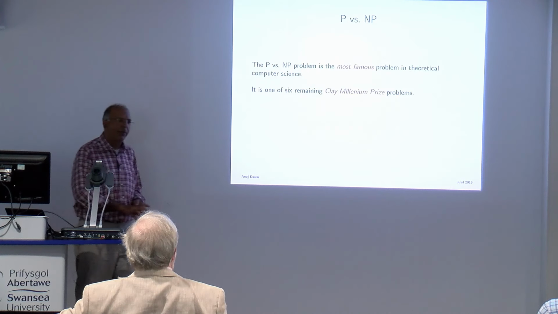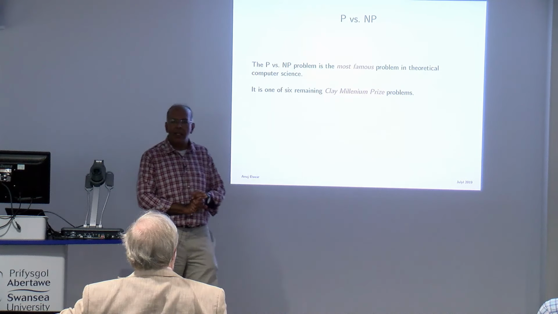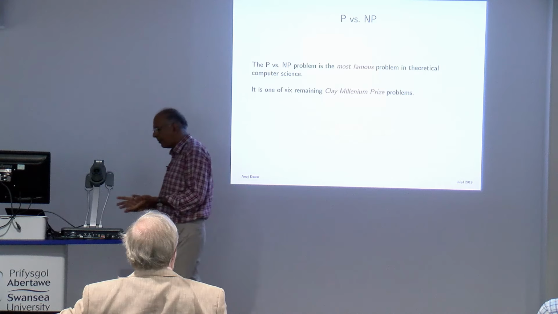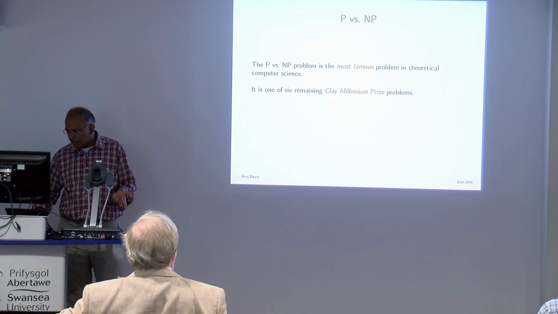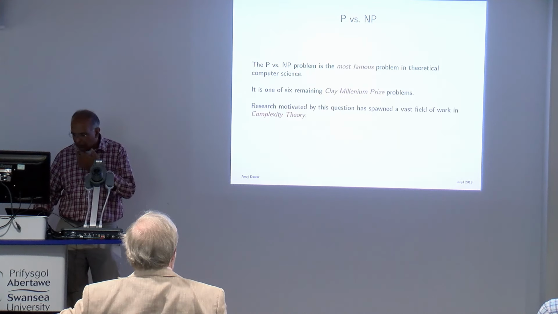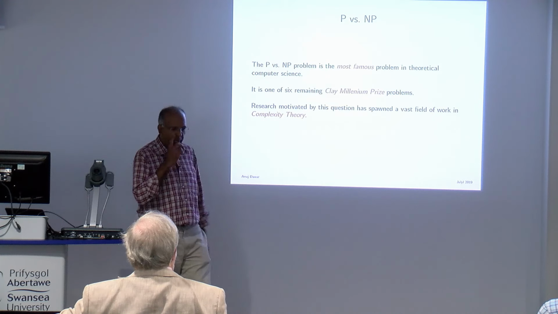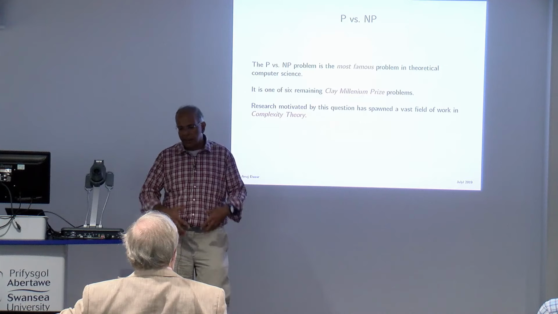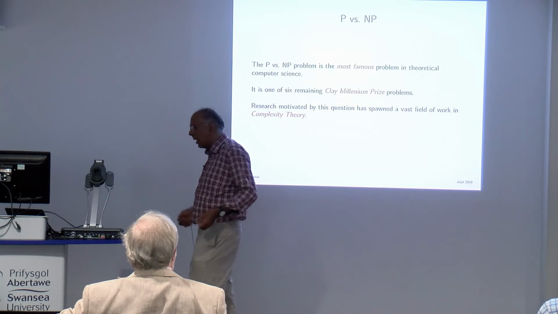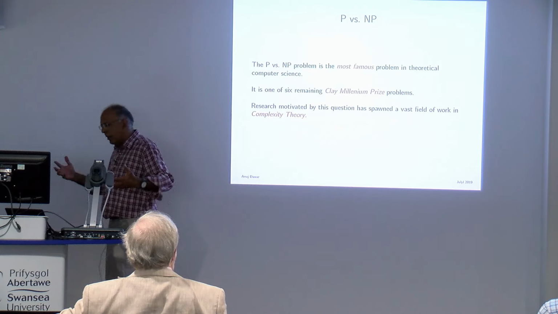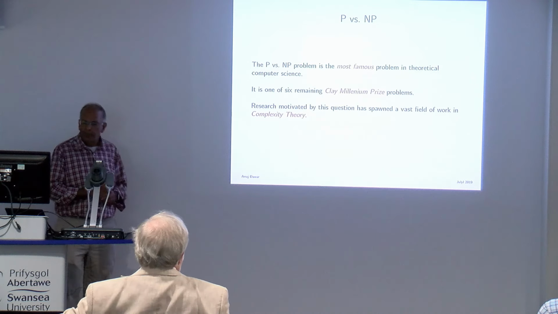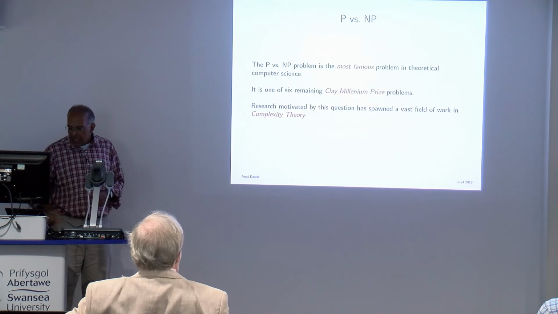It's one of 6 remaining Clay Millennium problems, and one that's seen an enormous amount of effort devoted to it. The development of the whole field of computational complexity starts from this, and of course leads to generating lots of internal questions and a vast industry of work which comes from it.